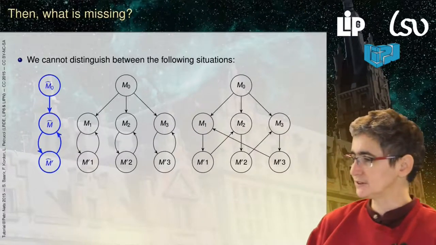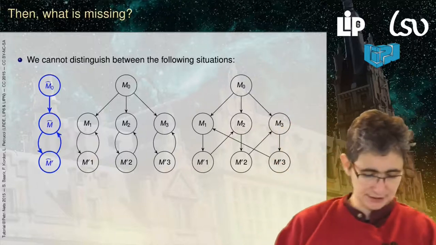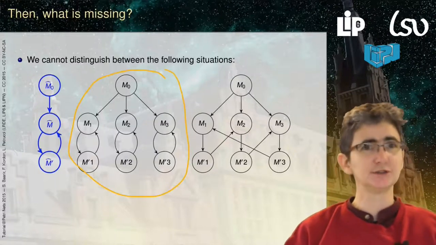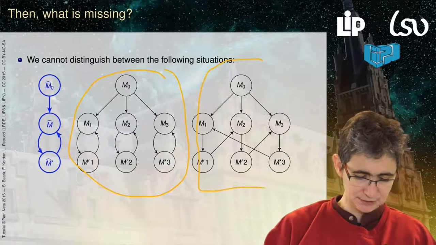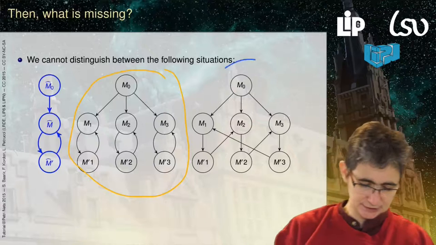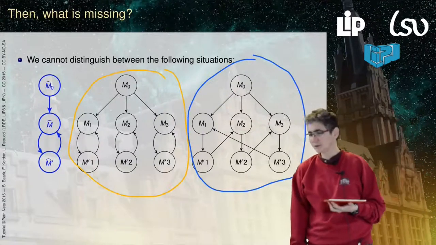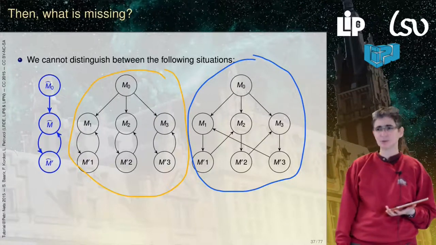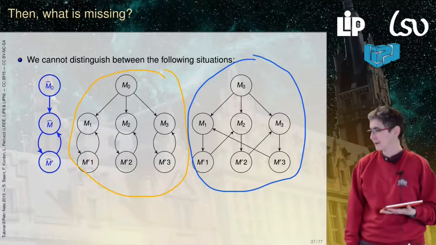However, we cannot distinguish between the following situations. So you have here 2 possible graphs. Imagine you have a net that gives you such a graph and a net that gives you such a second graph. I'll put it in a different color. The graph in yellow and the graph in blue both are represented by the same symbolic reachability graph, which is the one on the left-hand side.